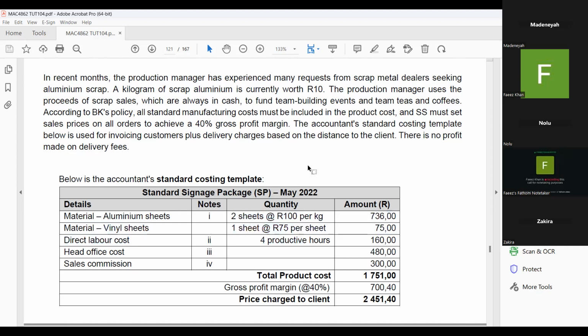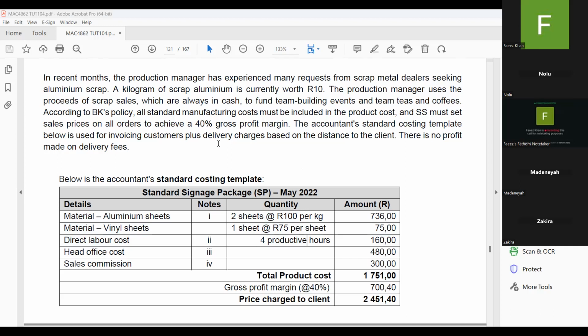Okay, there was a hand up, Madania, yes. Oh, Zakira, yes, we started. Can anyone else hear?